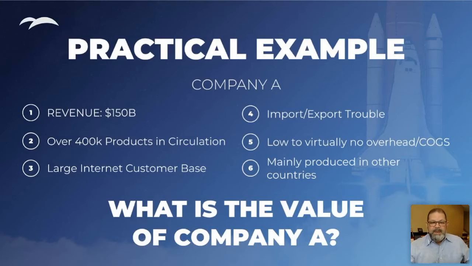If you look at Company A, you could begin making an analysis that anything that produces $150 billion in revenues should be very valuable. Its stock price should be very high because naturally at some point you're going to turn a profit and pay dividends.